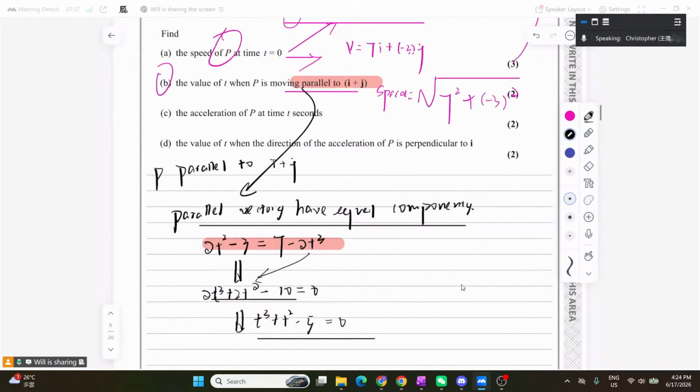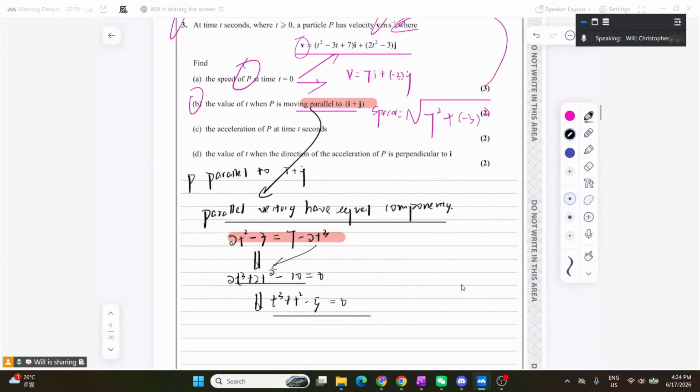Then think about how to solve it. We need to test for the positive real root.